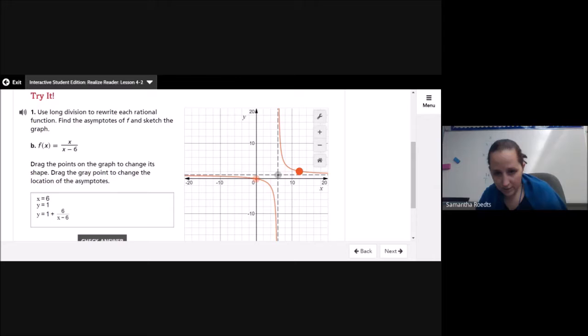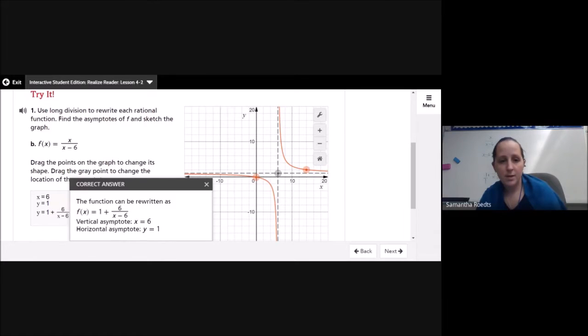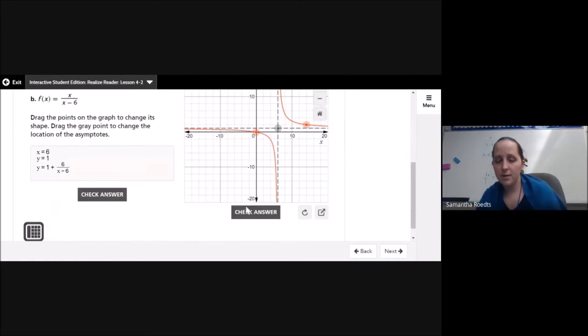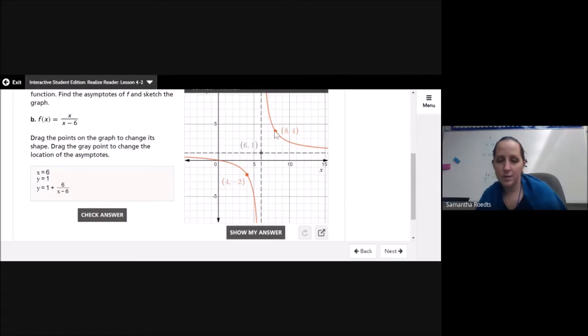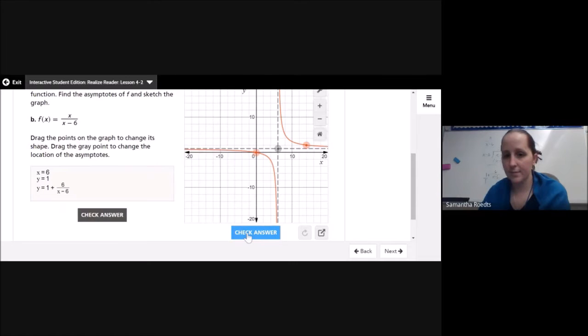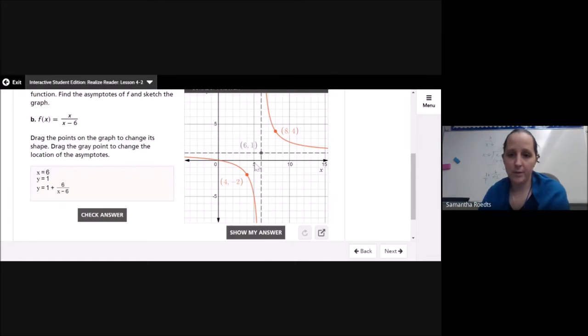There's 12, that's 11. 12 is right here. So vertical asymptote at 6, horizontal at y equals 1. And then my graph. They picked 8 and 4, and 4 and negative 2. Same graph though.